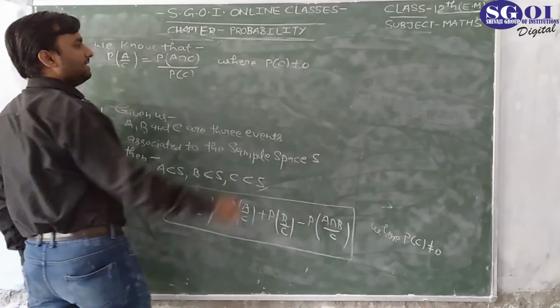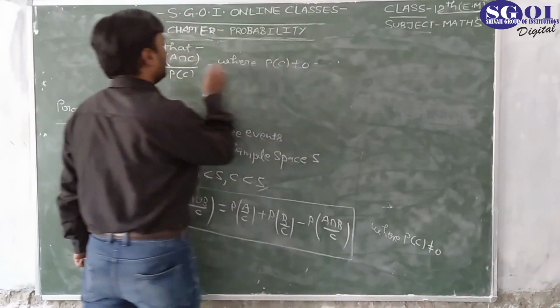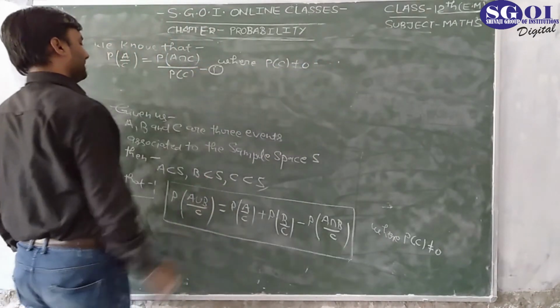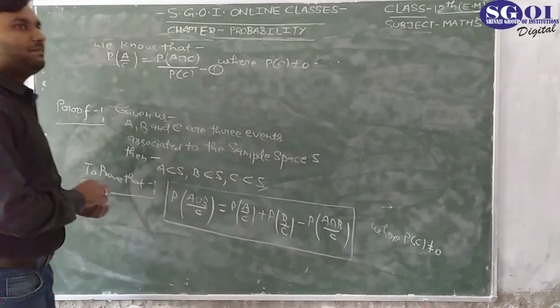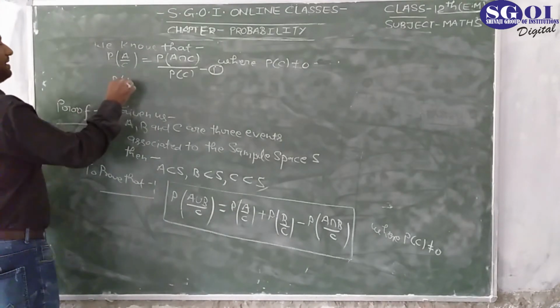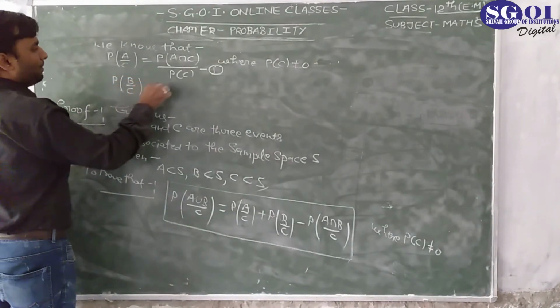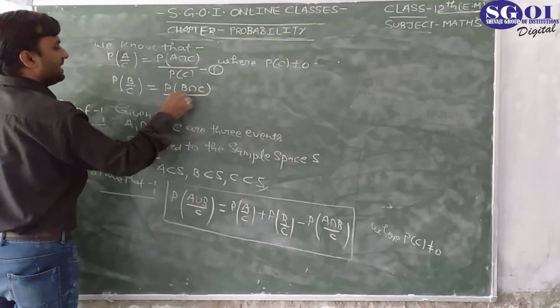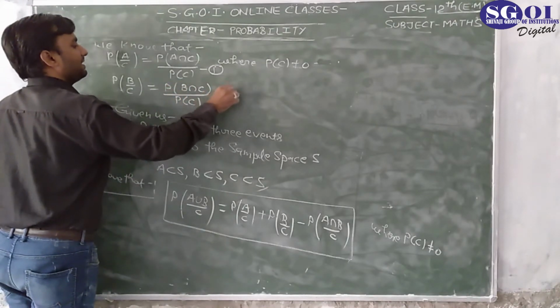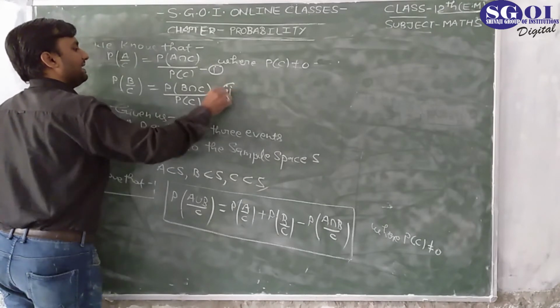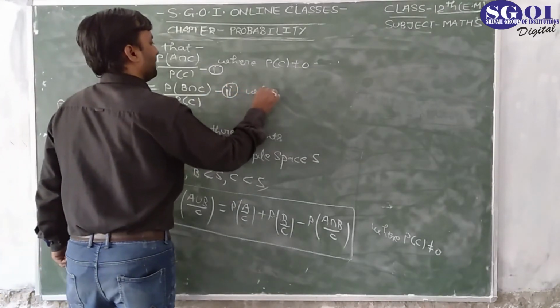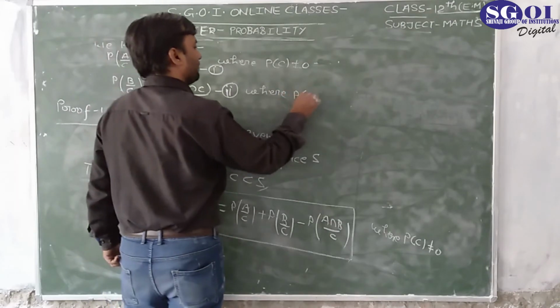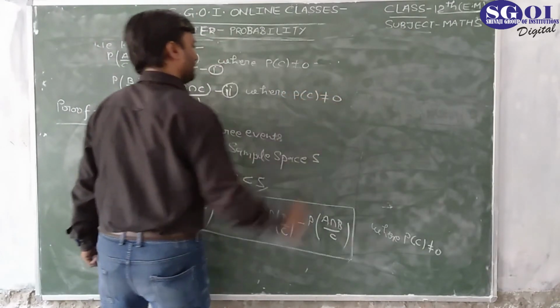This gives us equation number first. Now what is the probability of B by C? Probability of B by C is equal to probability of B intersection C upon probability of C. This is equation number second. The condition is probability of C is not equal to 0.